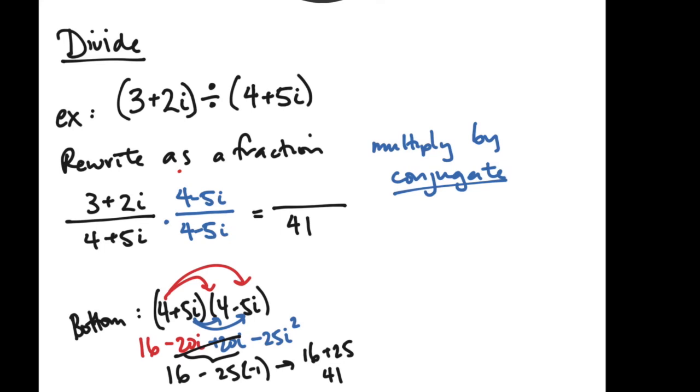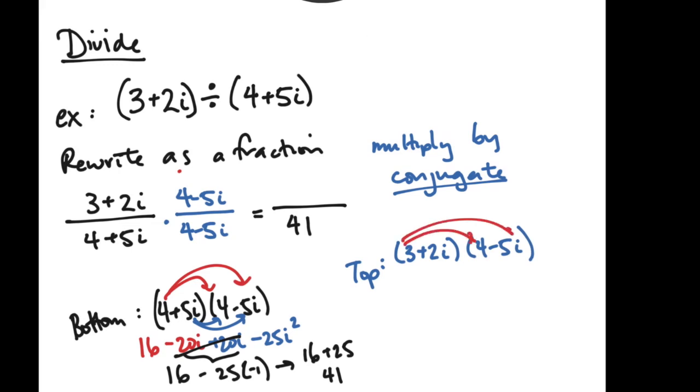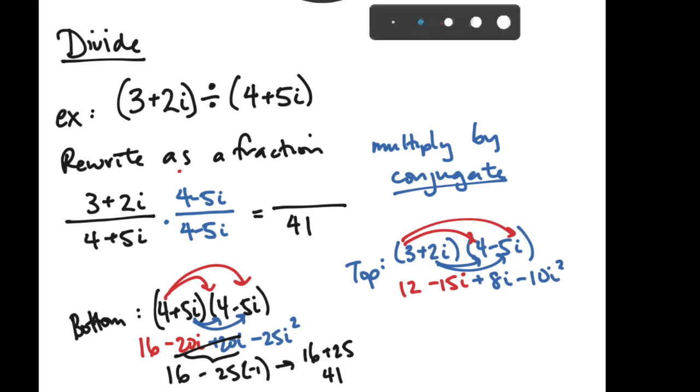Now on the top, I'm going to distribute 3 plus 2i times 4 minus 5i. Again, distribute. So this becomes negative 7i.